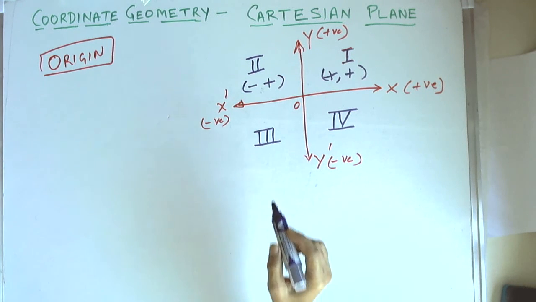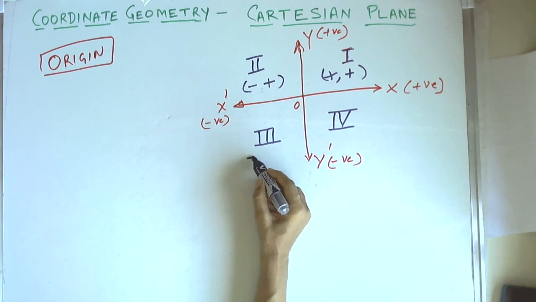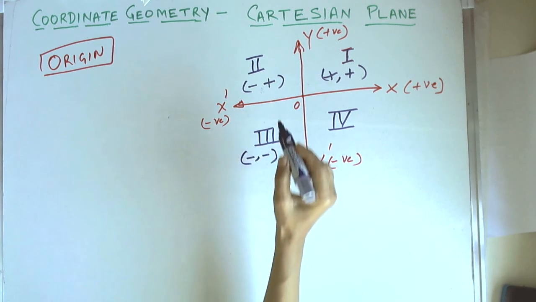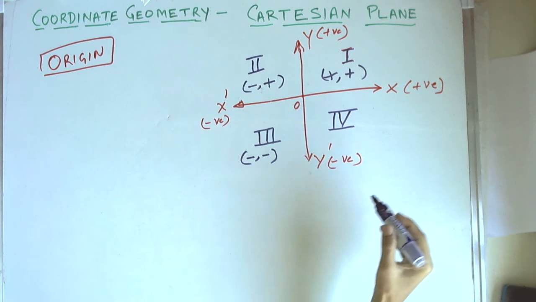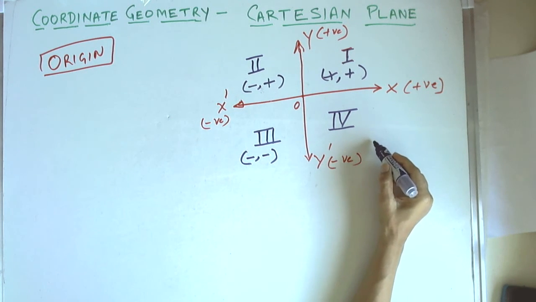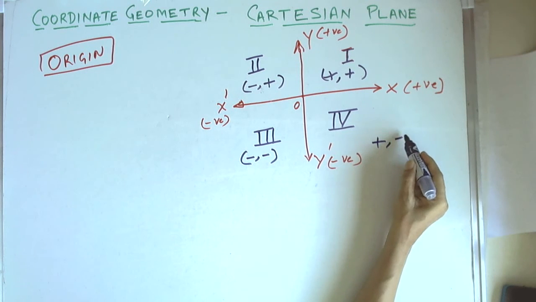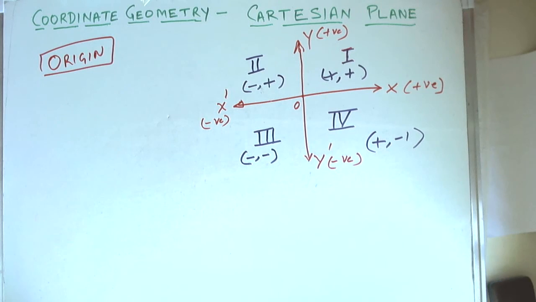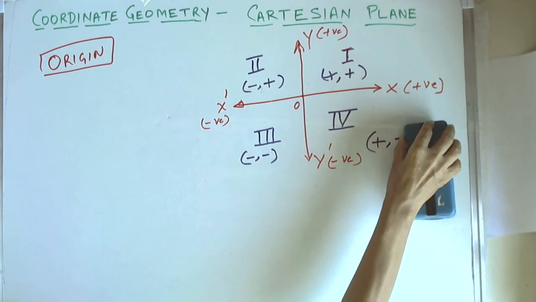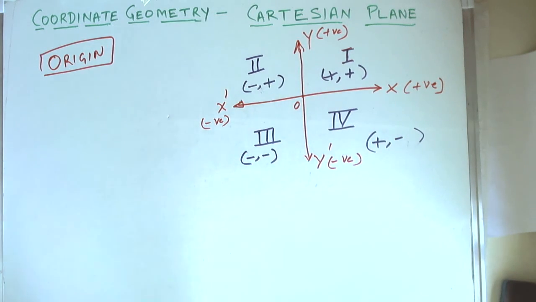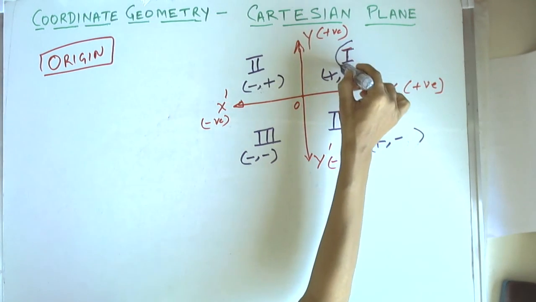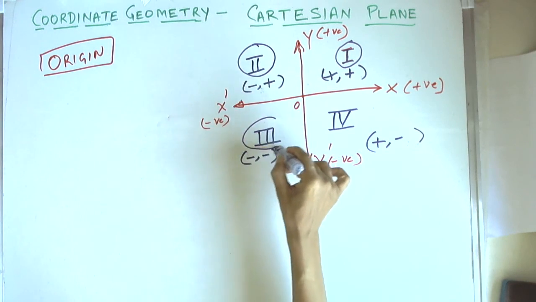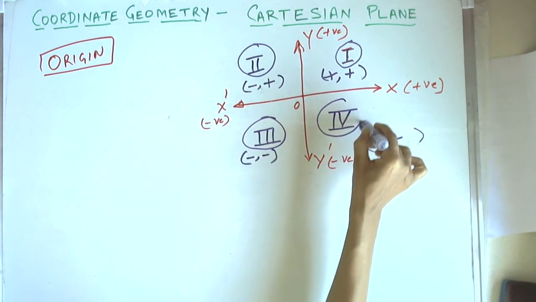In the third quadrant, both are negative, so negative, negative. And in the fourth quadrant, it is positive and then negative. So let me circle these quadrants: first, second, third, and fourth.